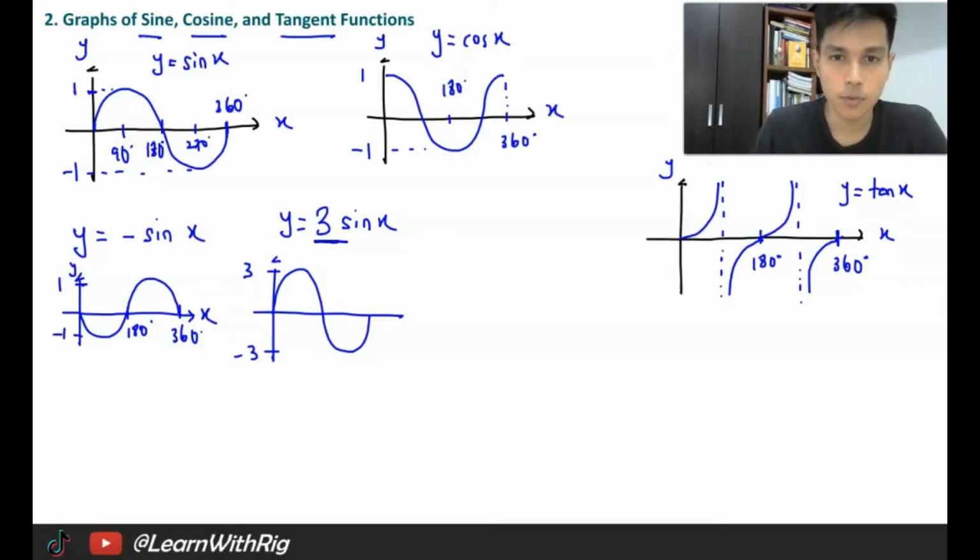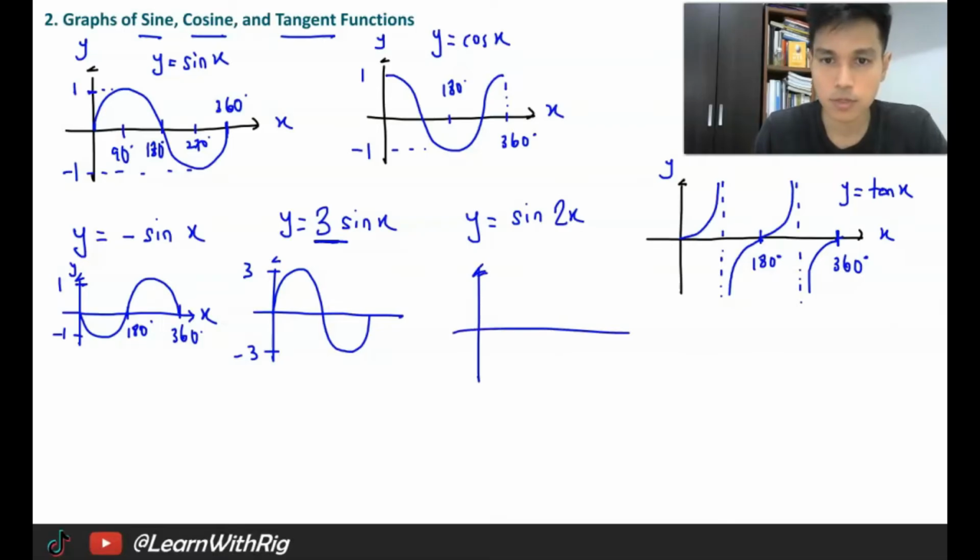Next, what if the question asks you y equals sine 2x? Now the number is behind. If the number is behind, it tells you the number of cycles within the 360 degrees. When we do sine x, there's only one cycle within the 360.